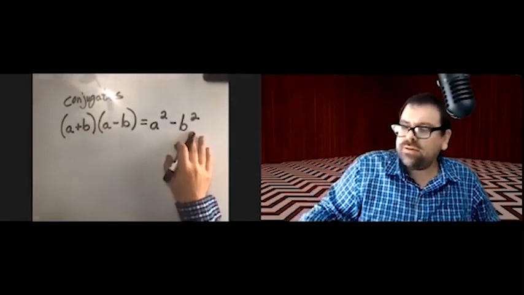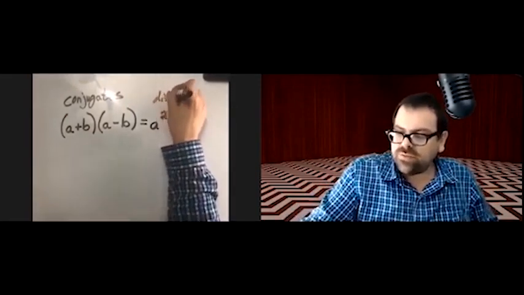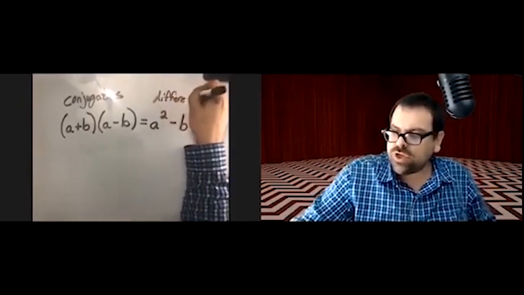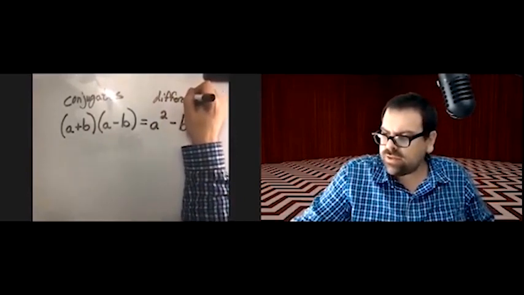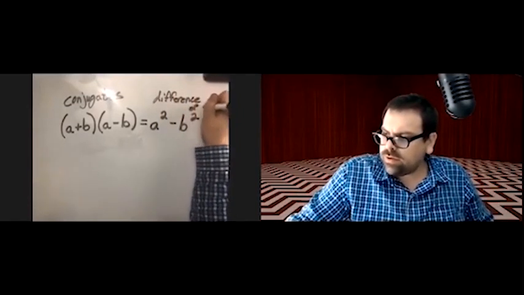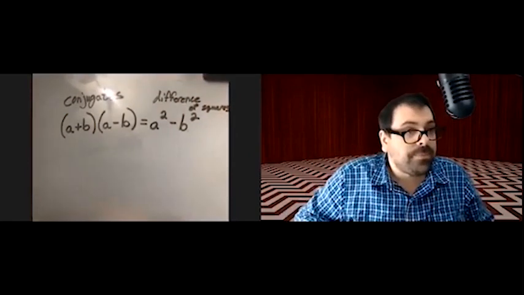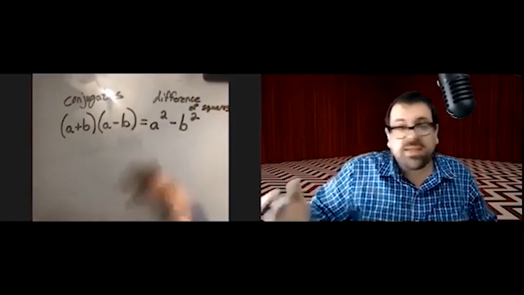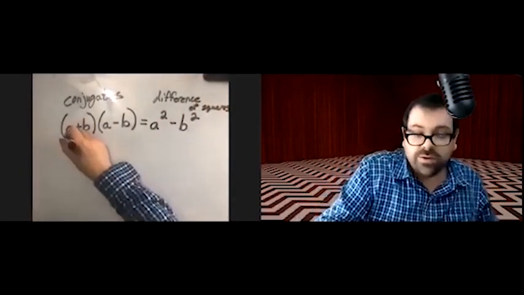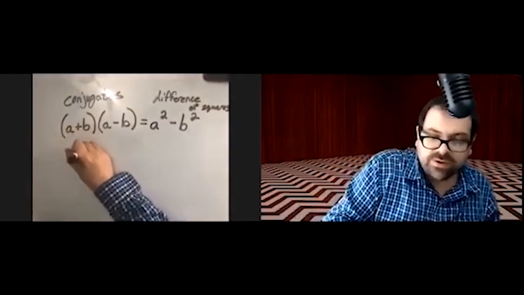The reason that it becomes a difference of squares when we multiply two conjugates, let's think of foiling. First, a times a is a squared.